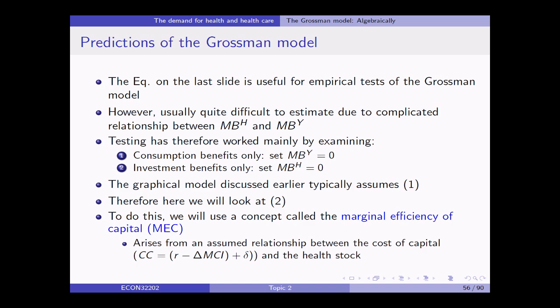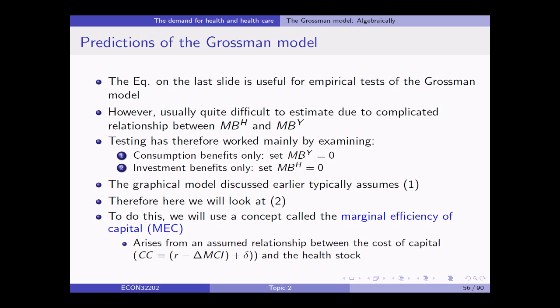But because we've got this marginal benefit being broken down into two terms, it's quite hard to observe both of them simultaneously. So essentially we do one of two things. We assume that the marginal investment benefits are zero and look only at the consumption benefits, or the exact opposite. We assume the marginal consumption benefits are zero and look only at the investment decisions people are making.